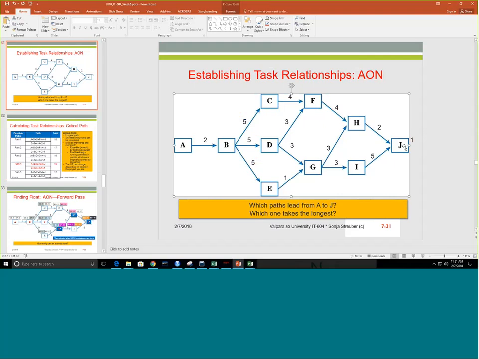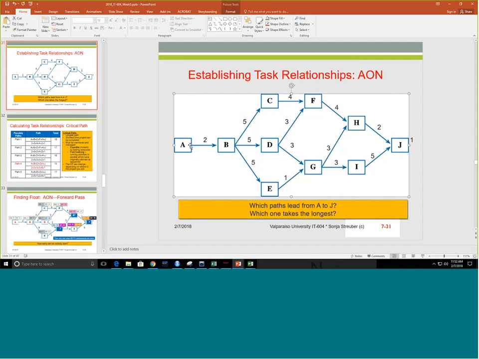That's the longest path. While we certainly have to take a look at the execution of all of these tasks, this path we need to very closely monitor as our project progresses. A lot of project managers forget to monitor the critical path, and all of a sudden tasks are late, and then the entire project is late.